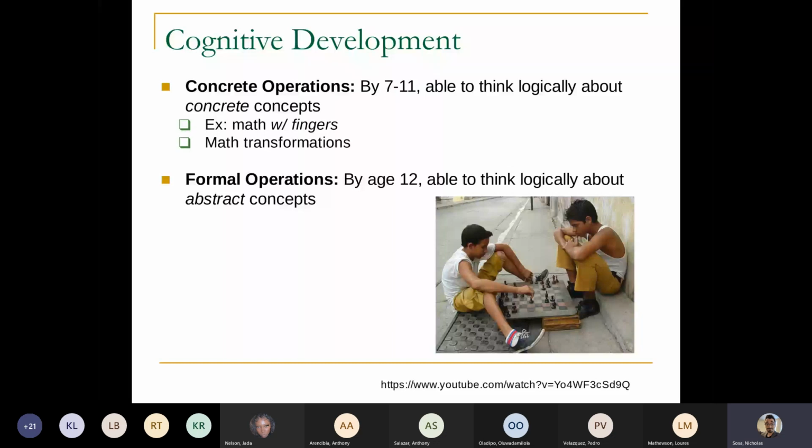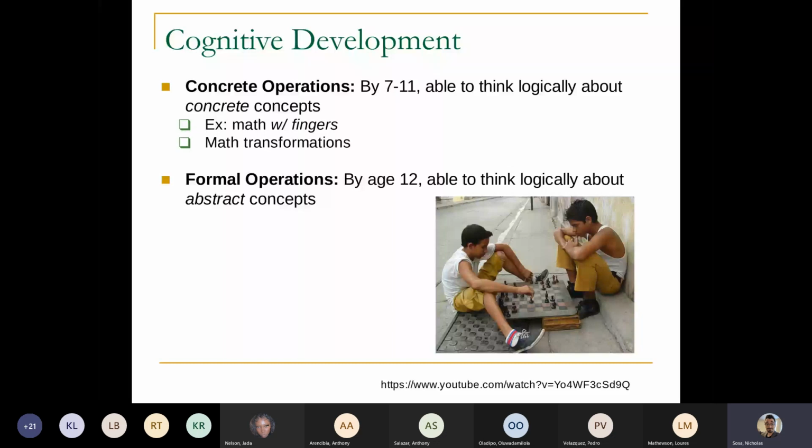So to put this another way, whereas children in the concrete operation stage are really quite good at solving complex math problems with the aid of a concrete physical object like their fingers or pen and paper, children in the formal operation stage become really quite good at doing math solely in their heads without the need of a concrete physical object, right? They can abstract it and represent it in their minds, okay?